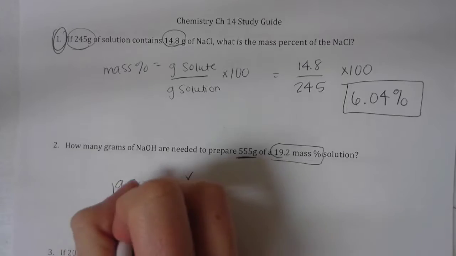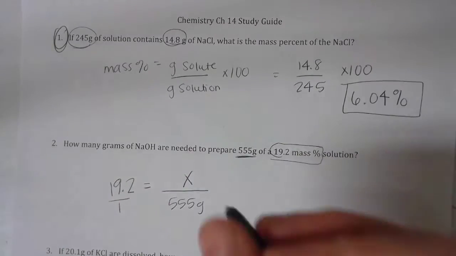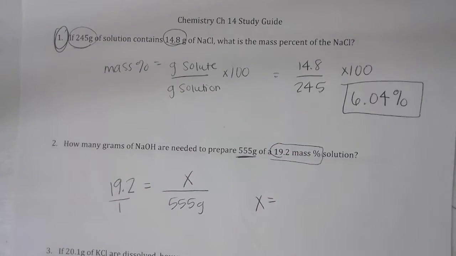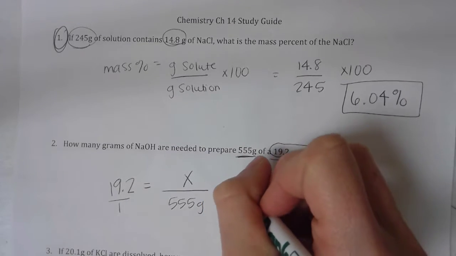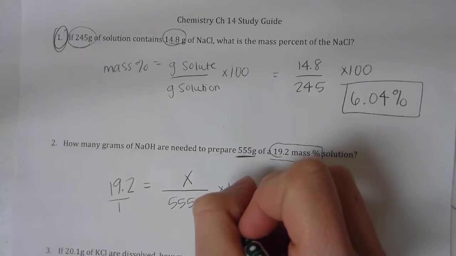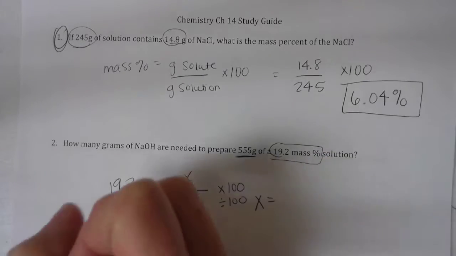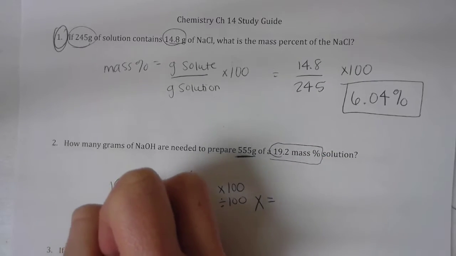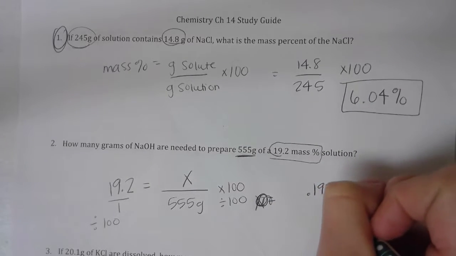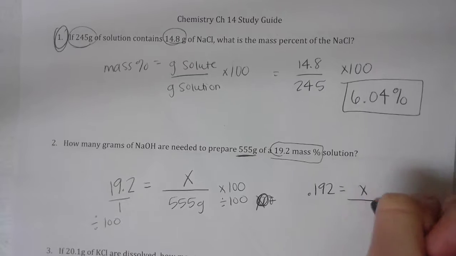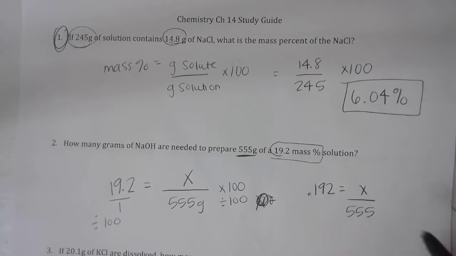To solve this, just put this over 1 and cross multiply. I forgot that it's times 100 over here, so we have to divide each side by 100 to get rid of that. So you will get 0.192 equals X over 555.